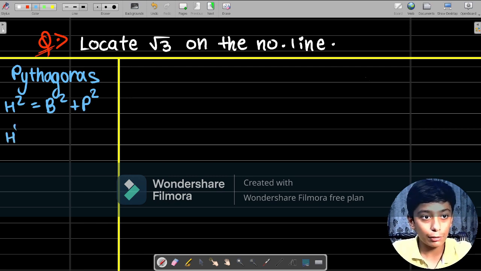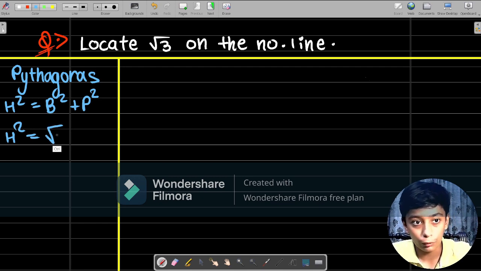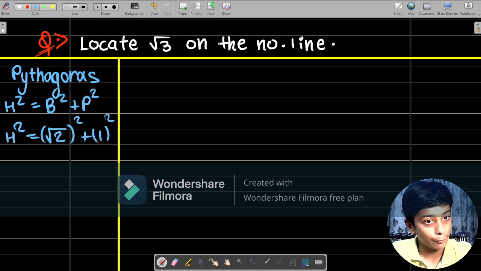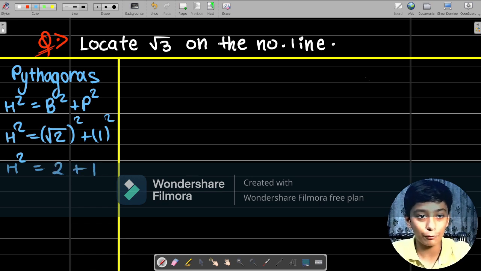So h square will be equal to, let's take b as root 2. So root 2 whole square plus 1 square. So h square will be equal to root 2 square, which is root 2 into root 2, equal to 2, plus 1 square is 1.